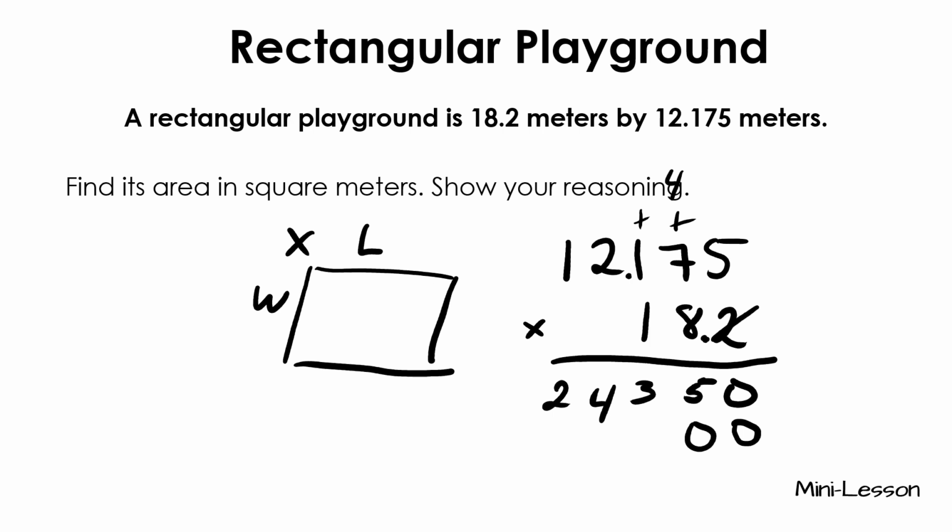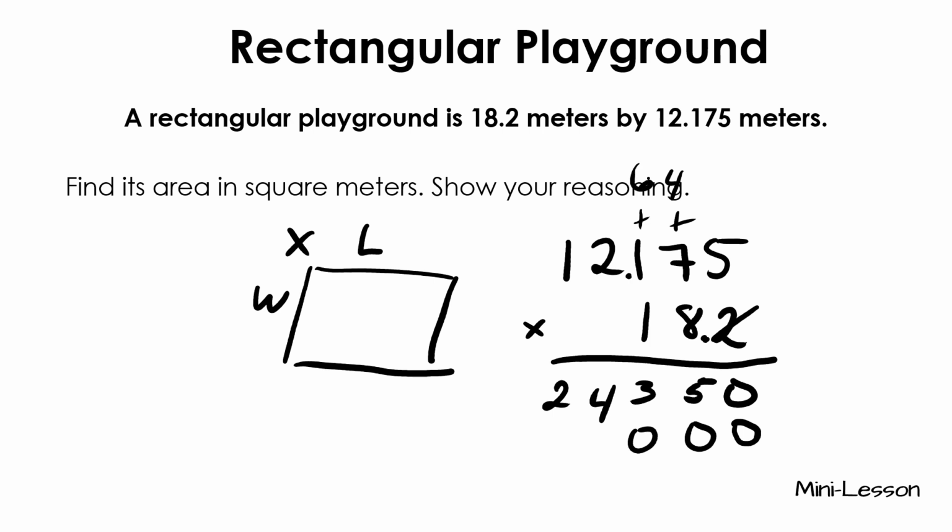Yep. 8 times 7 is 56. So I have to add my 4 to 56. That will give me 60. I'm going to put down my 0 and carry my 6.